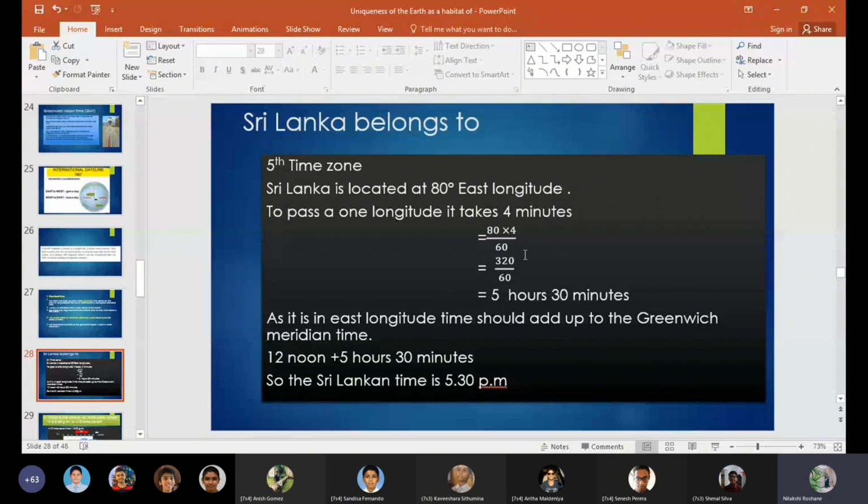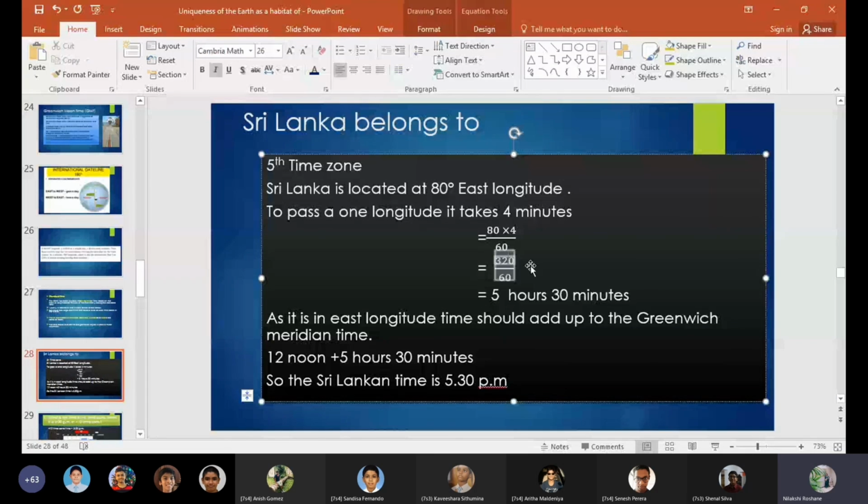For one longitude, it takes 4 minutes. So to find how many minutes it will take for 80 longitudes, you have to multiply 80 by 4. You get the answer as 320. That answer you have to divide by 60, because the answer you get is in minutes. In order to convert minutes into hours, you divide 320 by 60.